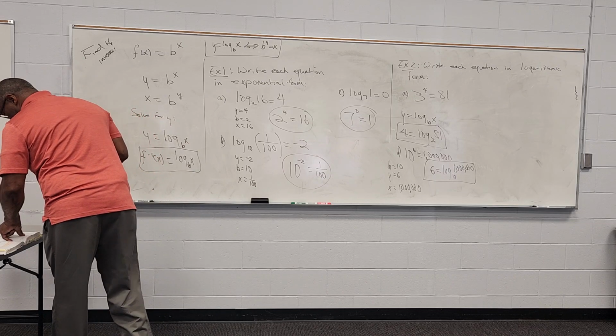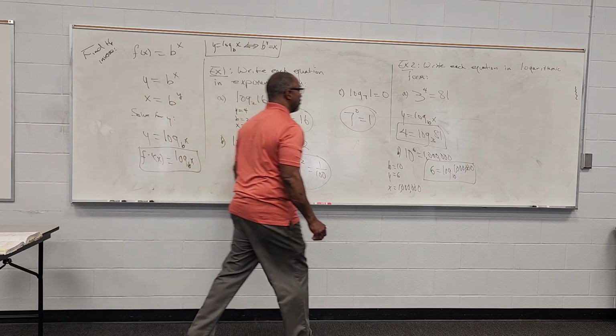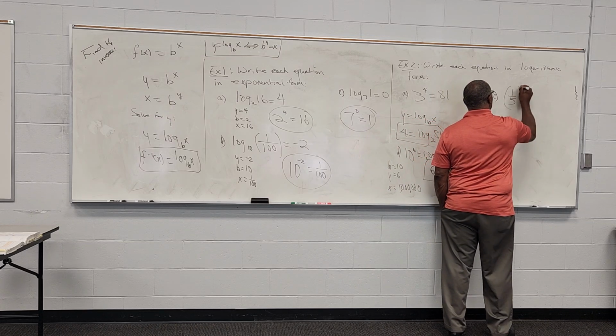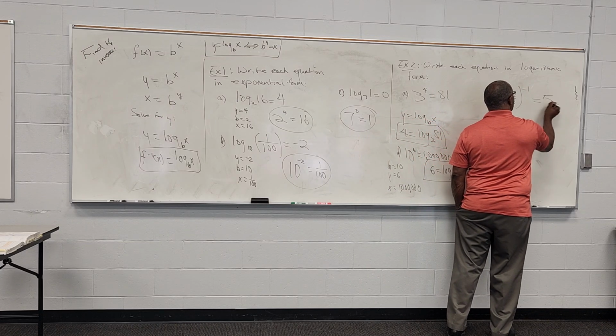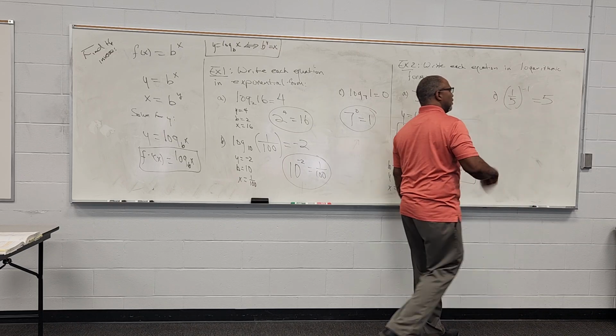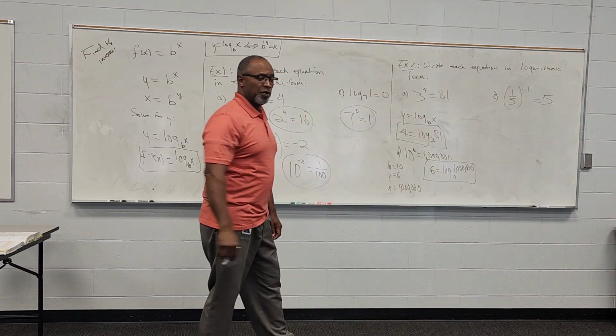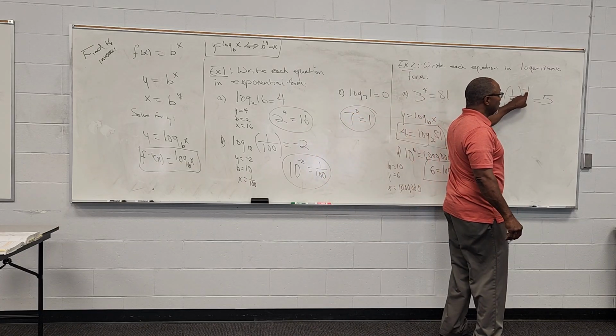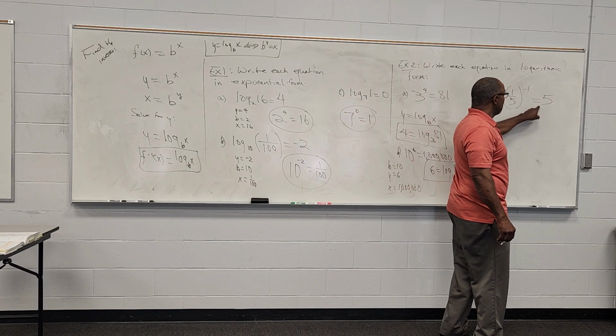Okay? Finally, C, 1/5 to the negative 1 equals 5. Again, b to the y equals x. B is 1/5, y is negative 1, x is 5.